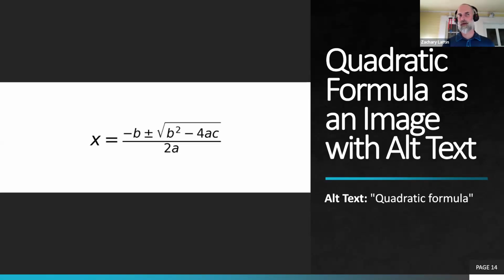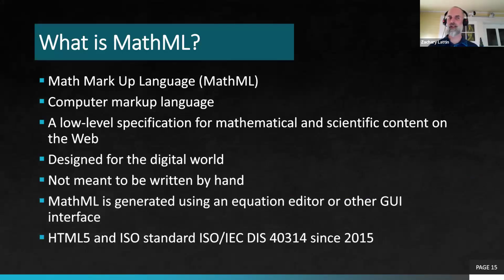Okay, so now we're going to talk about math markup language. So MathML is a computer markup language. The ML stands for markup language, like HTML. And it's a low-level specification for mathematical and scientific content on the web.